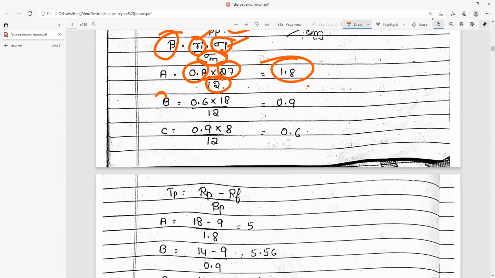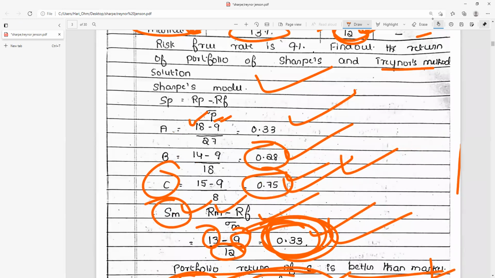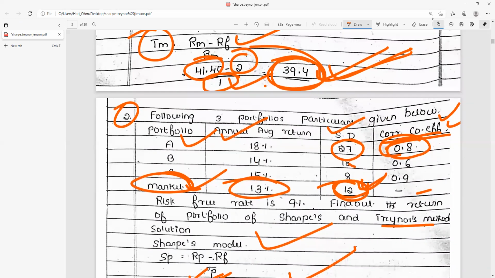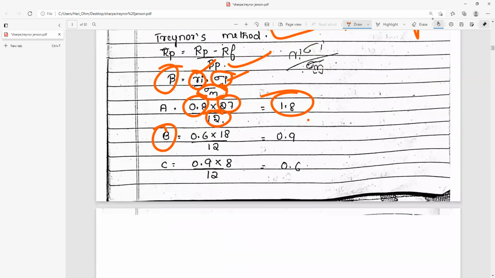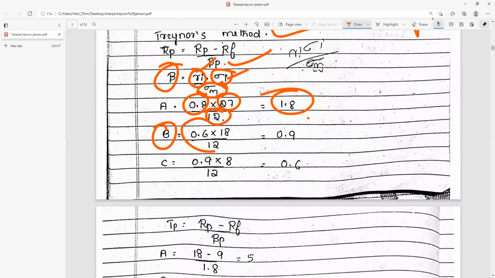Like that, calculate for B. The correlation coefficient is 0.6 into 18, the standard deviation, all divided by 12, the market standard deviation. So the answer is 0.9.